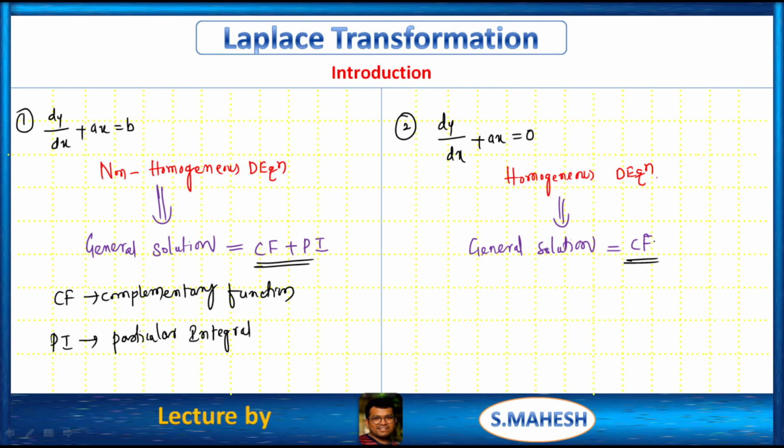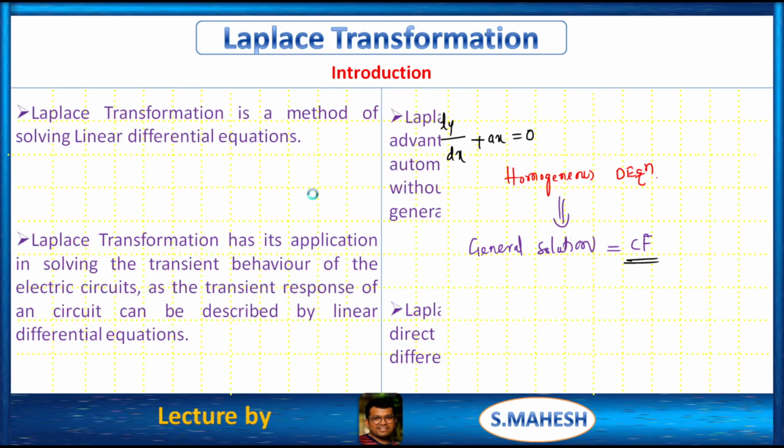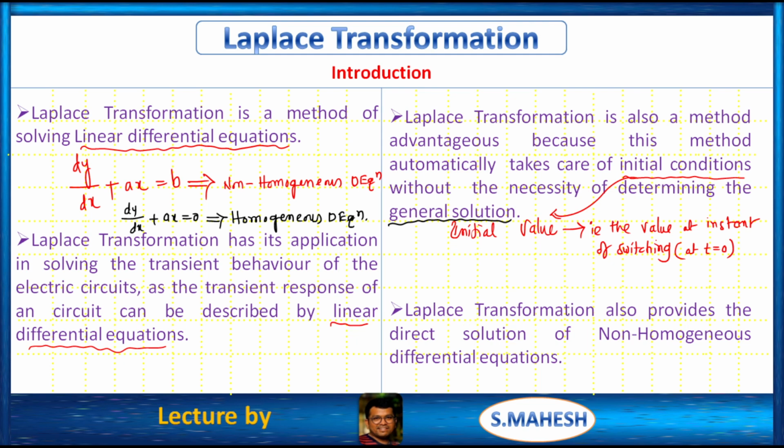So if you are working with time domain analysis, we do the complementary function first, later the particular integral, like that. But if you are dealing with S domain, that is Laplace transformation, we get the non-homogeneous differential equation representation as well as the homogeneous differential equation representation simultaneously. That is the fourth point. Laplace transformation also provides the direct solution of non-homogeneous differential equations.